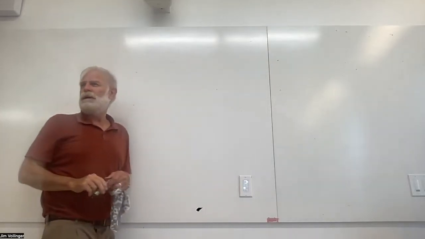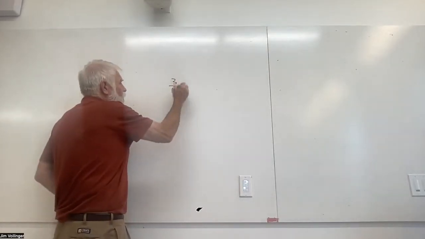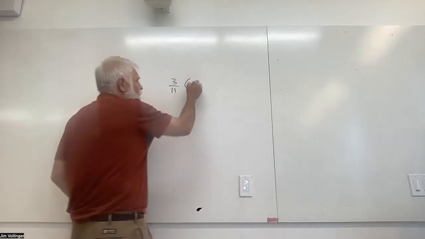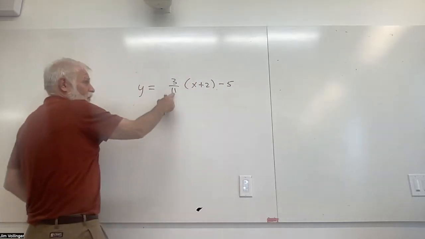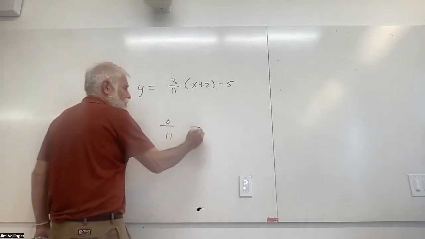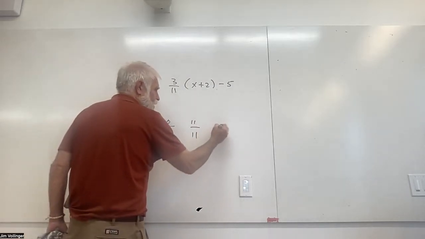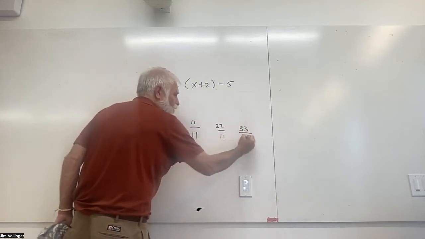Problem number 2. We're going to write 3/11ths (x plus 2) minus 5, and we got y. If you're dividing by 11, you want numbers like 0, like 11, like 22, like 33, so on and so forth, right?